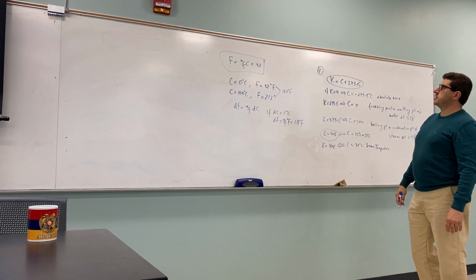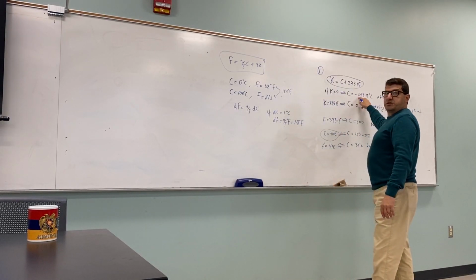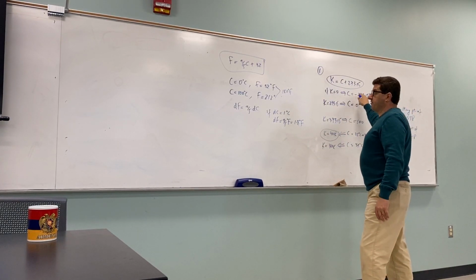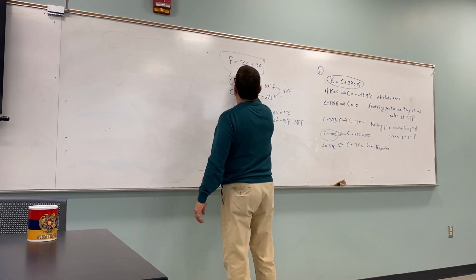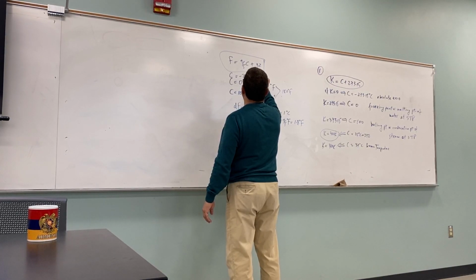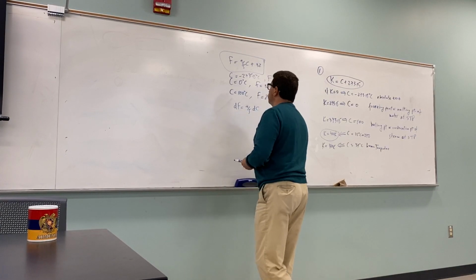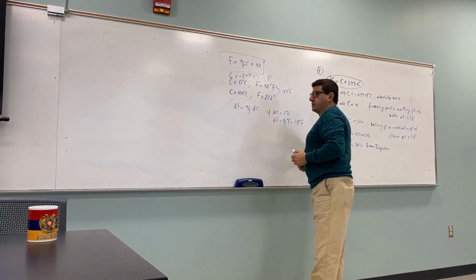So therefore, Celsius of negative 273.15 for the 0 Kelvin is going to equal what Fahrenheit? So then we would have to multiply that by 1.8.